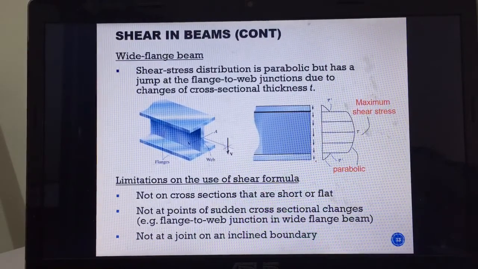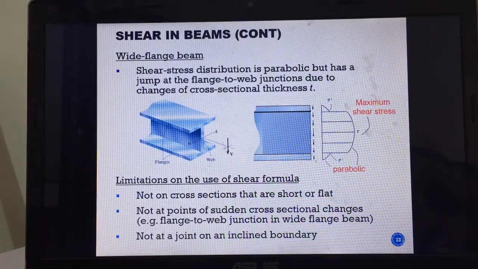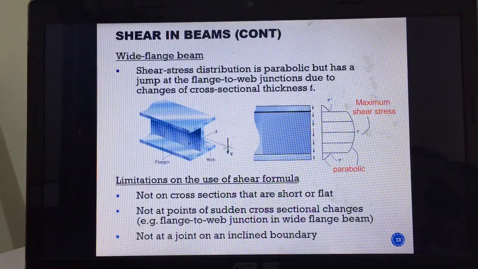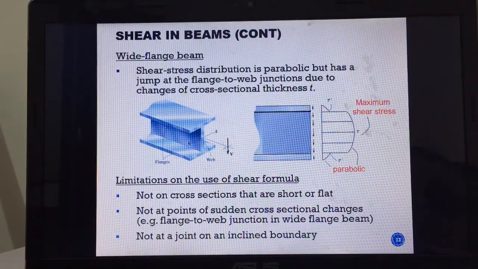How good it is, you need to learn more. But generally speaking, the variation will be parabolic. The shear stress distribution will be parabolic.